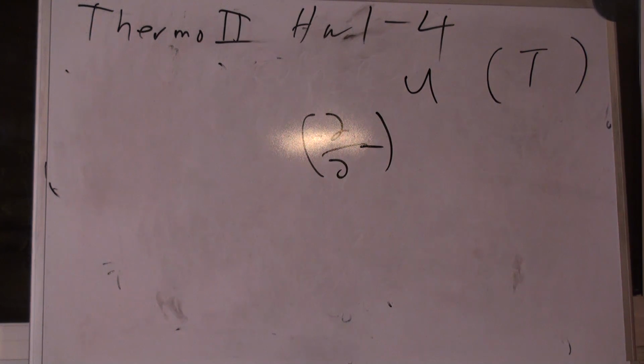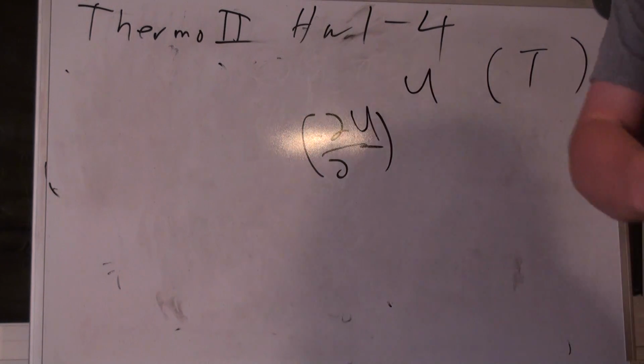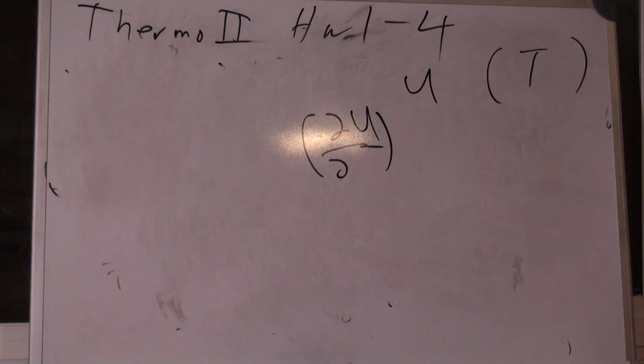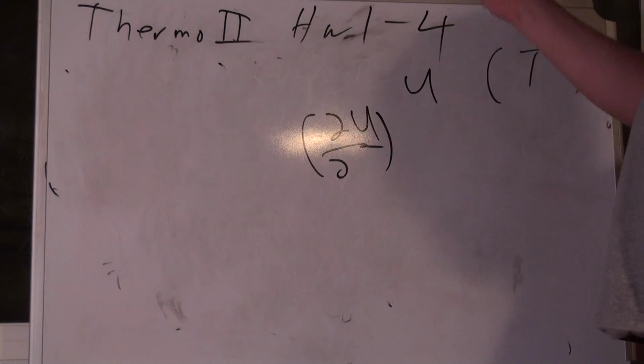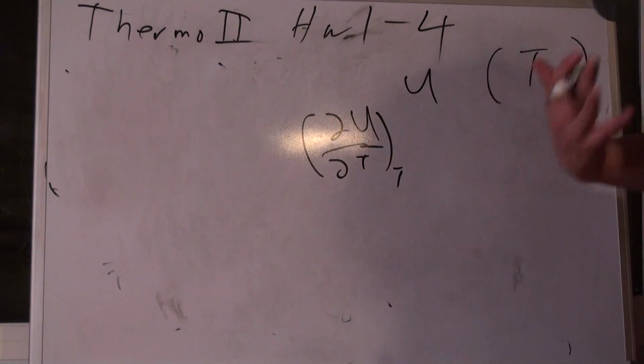Which one's the independent? Which one's the dependent? The dependent is going to be on top. Now, where do I put that T? I have 2 choices. I can either put it here, or I can put it here. Which one do I put it on?